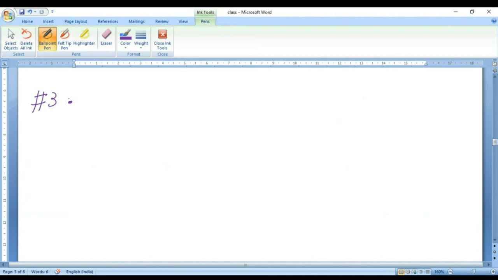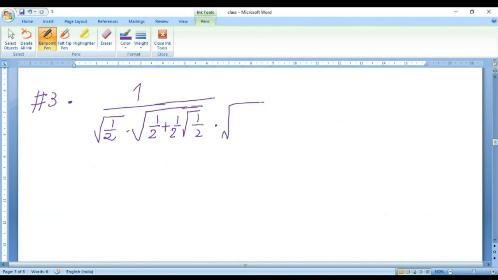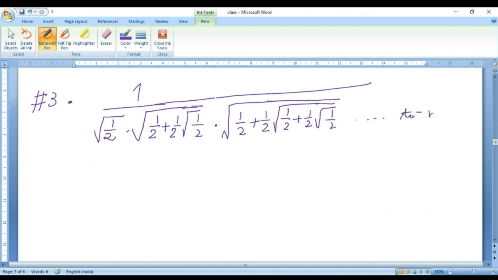This again is a recurrence, but it looks more terrifying. 1 over the square root of 1 by 2 times the square root of half plus half times the square root of half, times the third term, the square root of half plus half times the square root of half plus half times the square root of half, and so on to n terms.